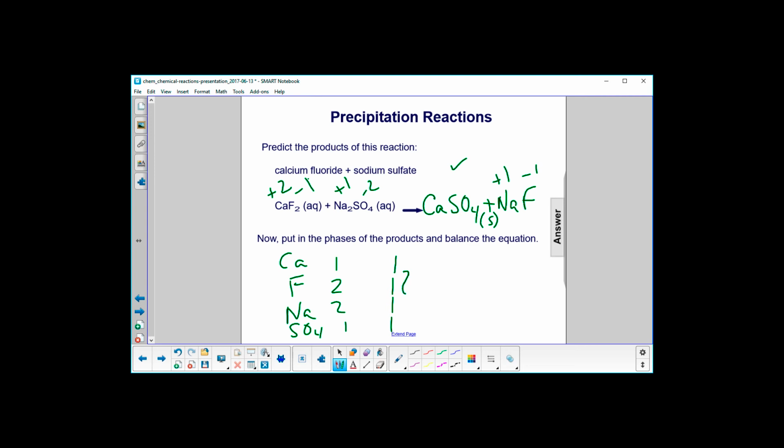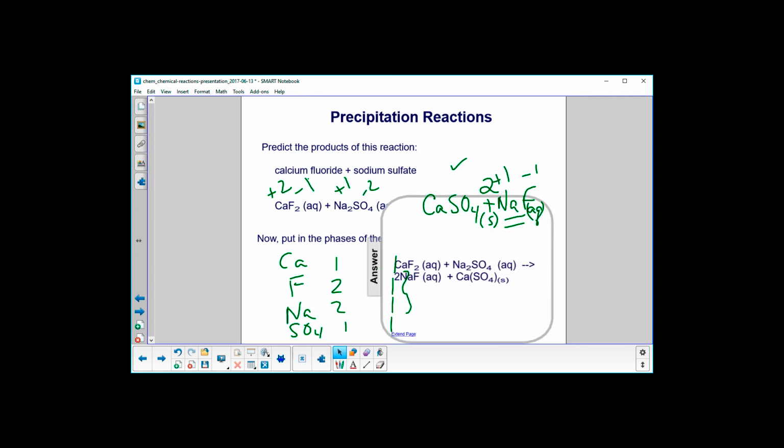So really, the only issue here is the sodium fluoride, and lucky for us, it's the same compound we're talking about. So if we just put a 2 there, we're in business. And then the last step, this is aqueous. So we put the little AQ in there, and now we check our work. And yeah, we got it.